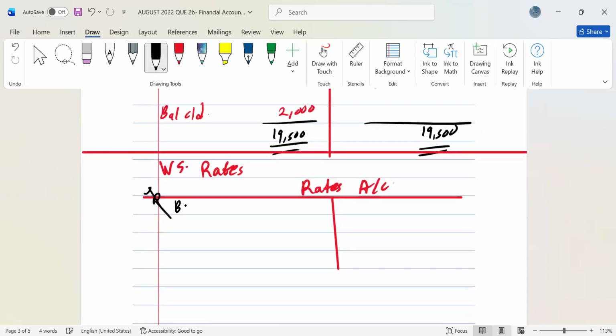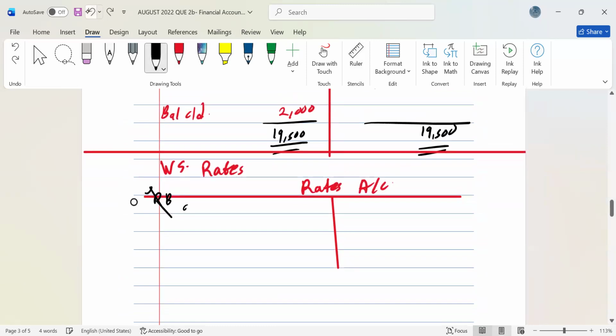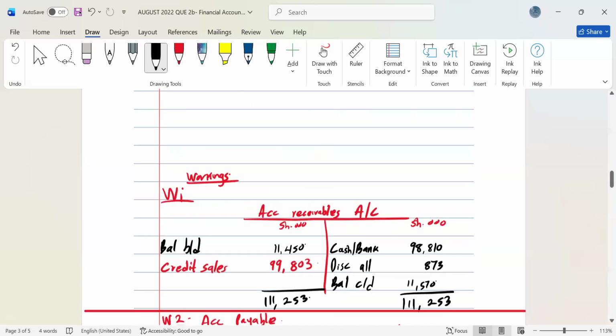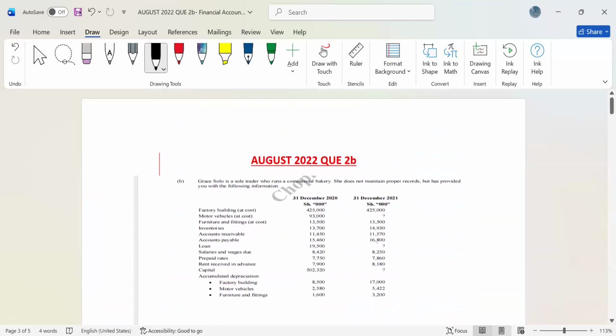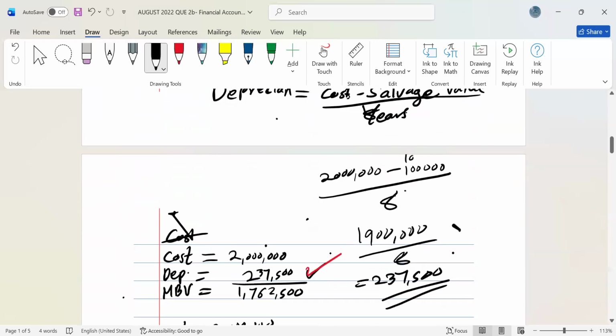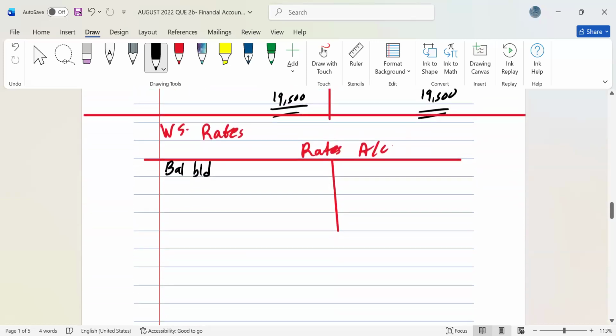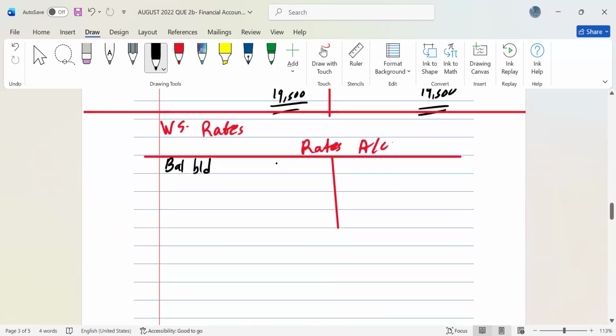So we can have a balance brought down. How much is it? We had something to do with the prepaid rates in our income statement. Prepaid rates, we had 77.50.